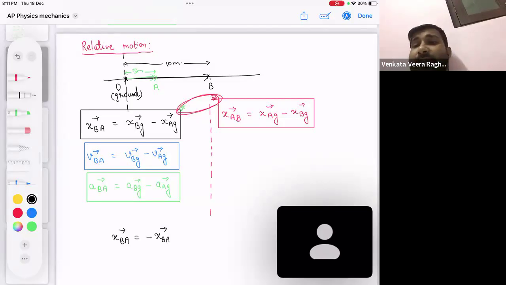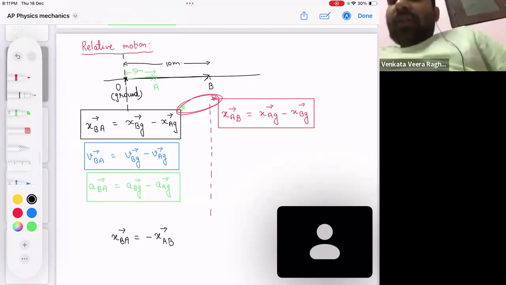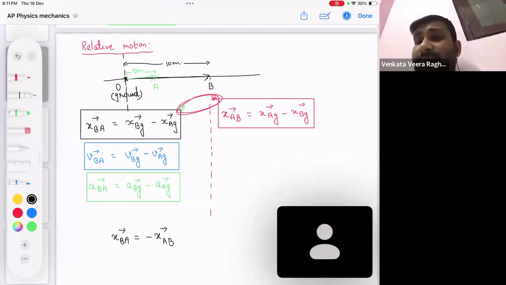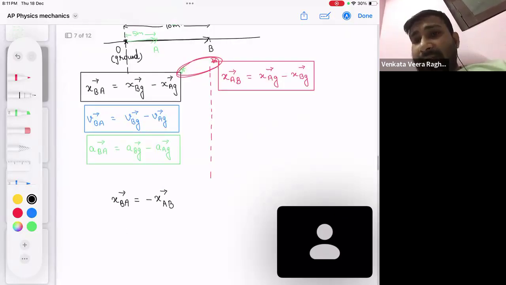Position of B with respect to A is the minus of position of A with respect to B. And if I compare the magnitude, can I say they are equal?